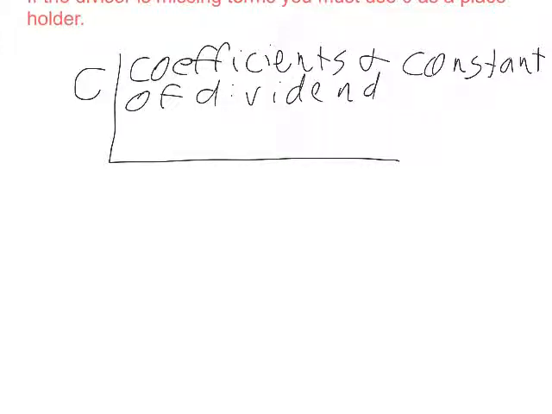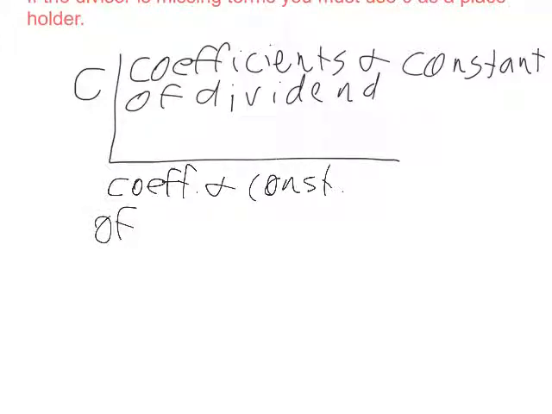So here we have the divisor, that's the c part right here, and then we have a representation of the dividend with the coefficients and constant, the numbers only. We don't use the x's, we don't use the degrees, we use only the coefficients and the constant. We're going to follow the synthetic division process, and what you'll wind up with are the coefficients and constant of the quotient.